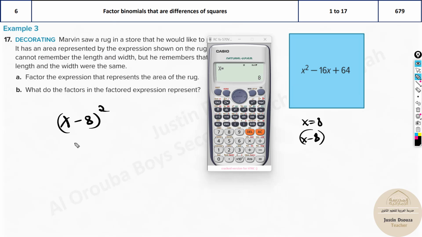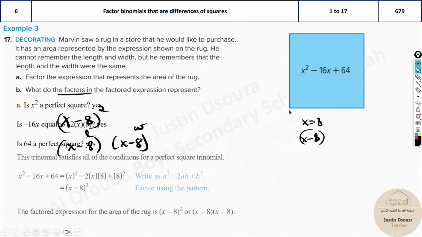So now what you basically do is write it as x minus 8, x minus 8. These are the factors. And what do the factors represent? This represents the length and the width. The factors represent the length and the width because this is the area. When you multiply the length and the width, you get the area, right?